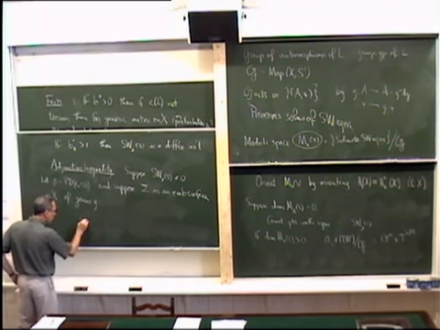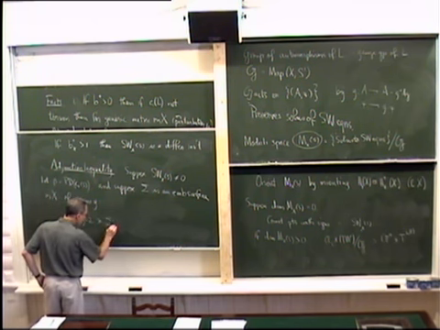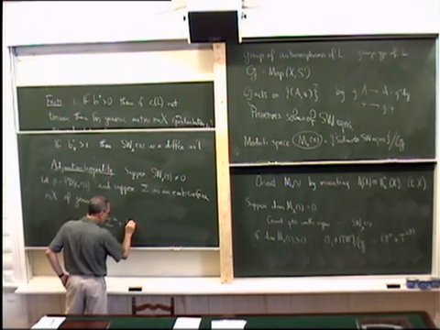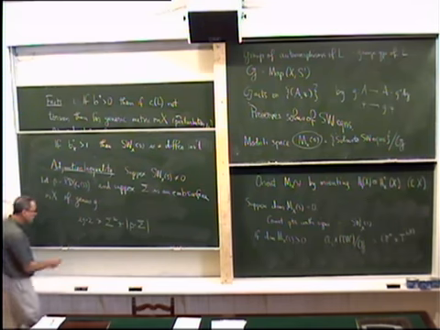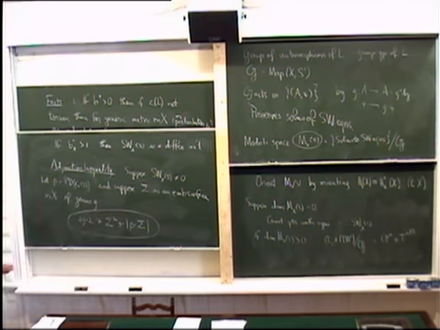Namely, that 2g minus 2 has to be greater than or equal to the self-intersection of sigma plus the absolute value of the intersection number of beta and sigma. So this is one of the most useful properties of the Seiberg-Witten invariants.